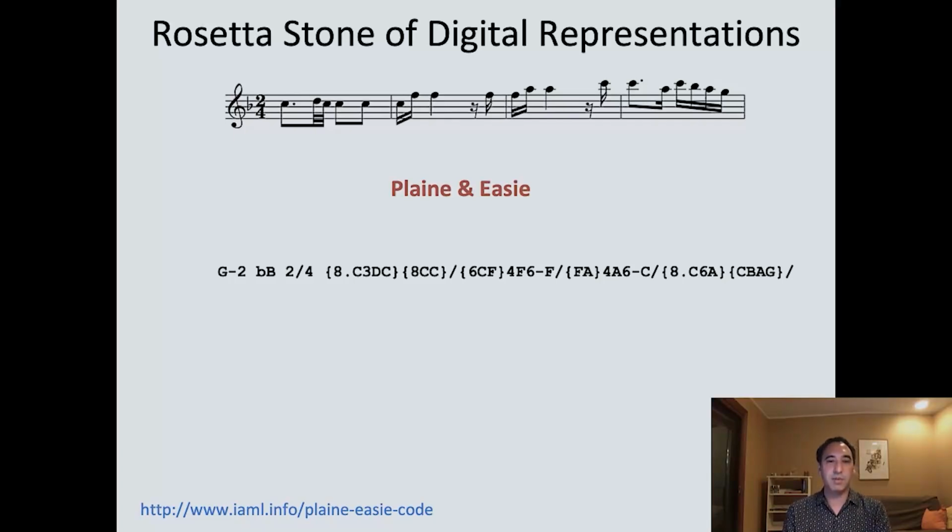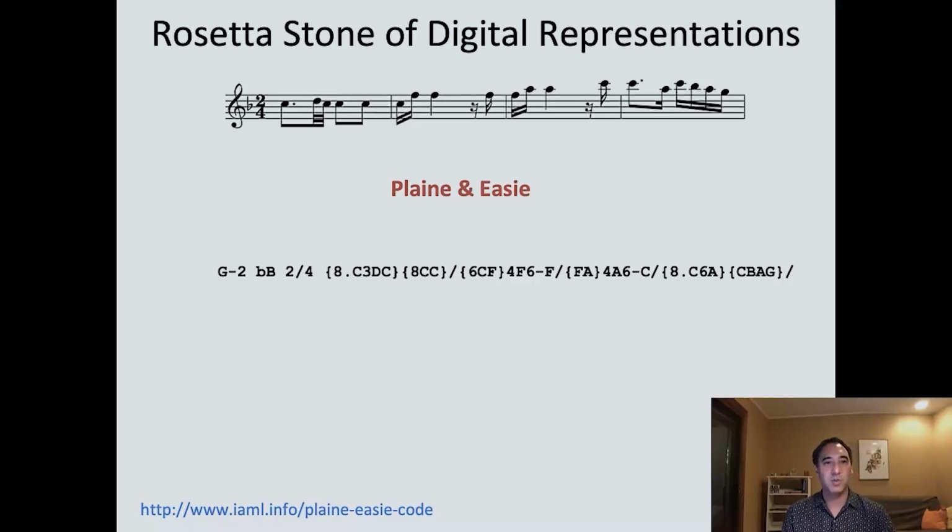So here's an example of a code that's not used as much today, but was once very important, Plain and Easy Code. And you can see that we have something like, I can decipher, okay, maybe that's a G clef on line 2, and then we have a flat on B, 2/4, and then we have an eighth note with a dot on C, and then I guess the 3 means 32nd notes, D, C, and there's a little bracket around it, and that probably means they're beamed together.